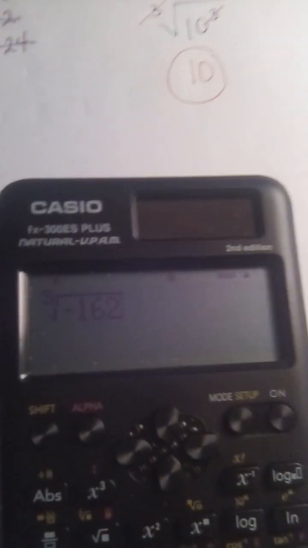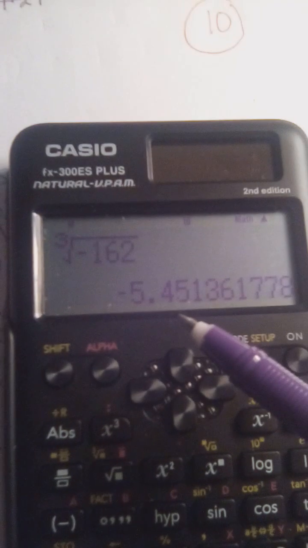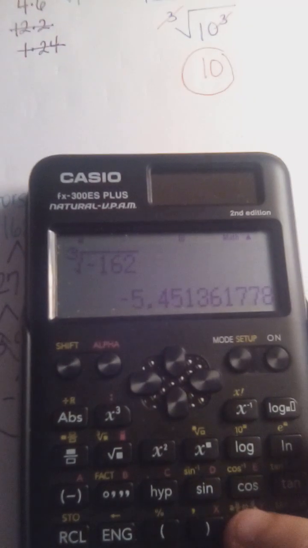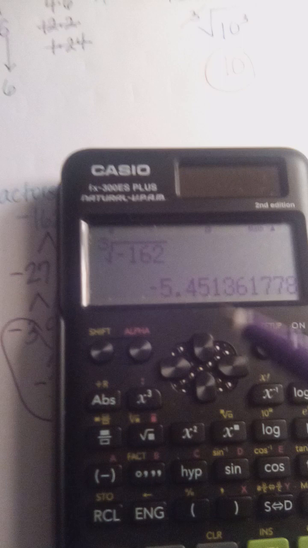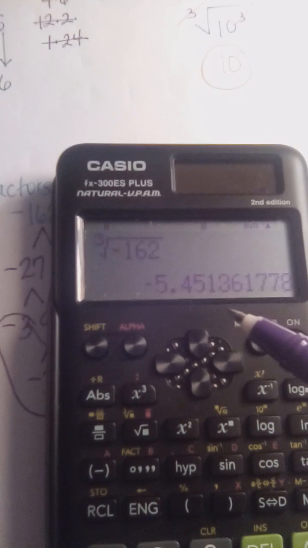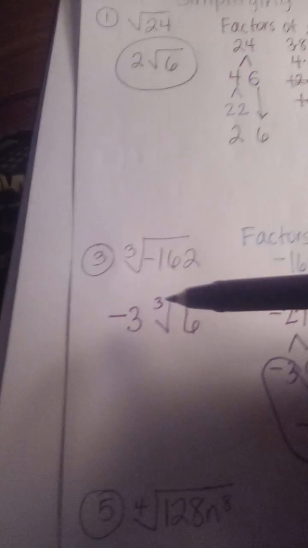Let's check. That is the actual fraction. Let's see. It won't let me go. Let me see. It's okay. But that's the answer: negative 3, the radicand, the index of 3, squared over 6. So that is the final answer.